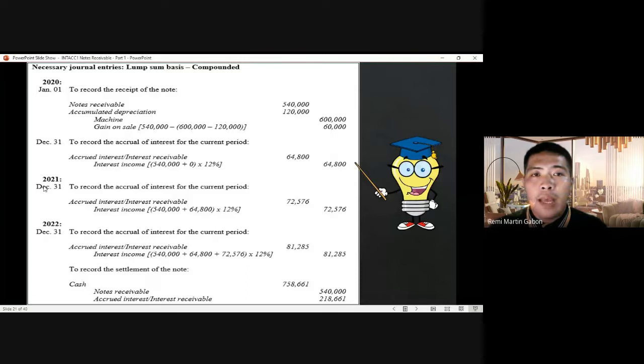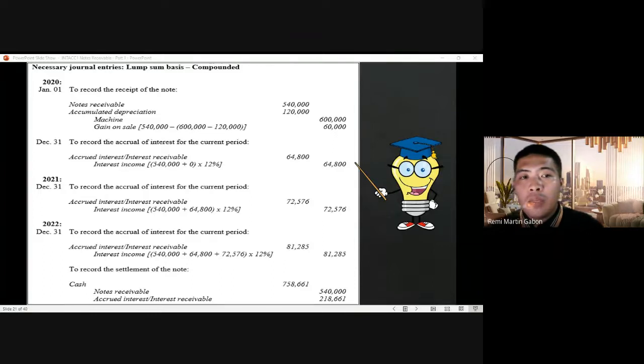because there is already a substantial period of time na there is already a previous interest computed. So for December 2021, debit accrued interest and credit interest income, the computation is that the 540,000 plus 64,800 then times 12%. That should be 72,576. For further explanation, how did we arrive at 72,576?